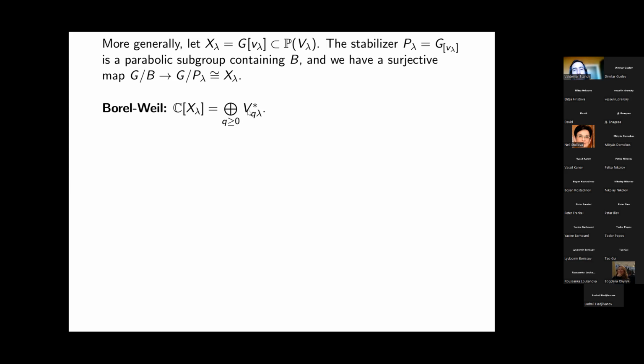And then in higher degrees, we have the multiples, just as we had for the polynomial ring. But now these are smaller spaces. We don't have the entire symmetric powers, but we have some quotient of these symmetric powers. And it is irreducible in every degree.